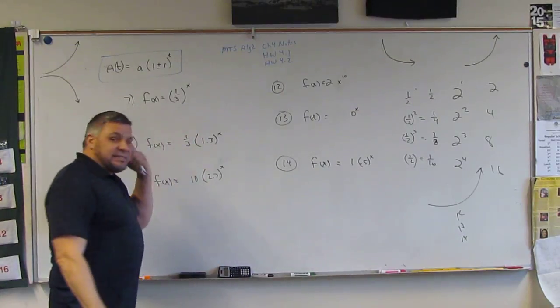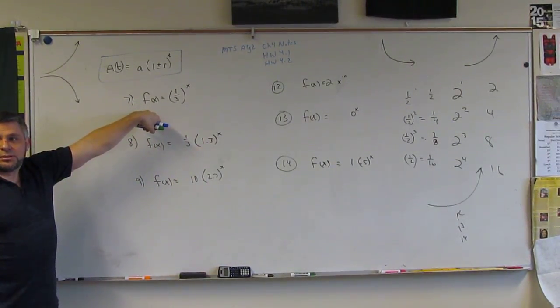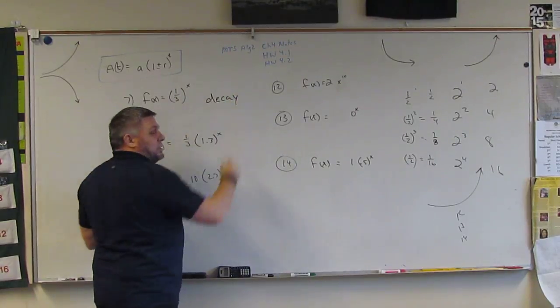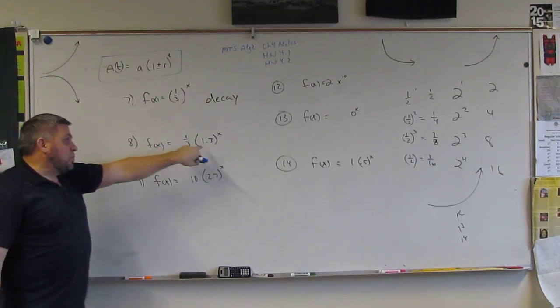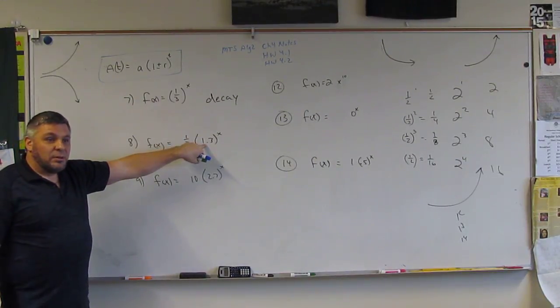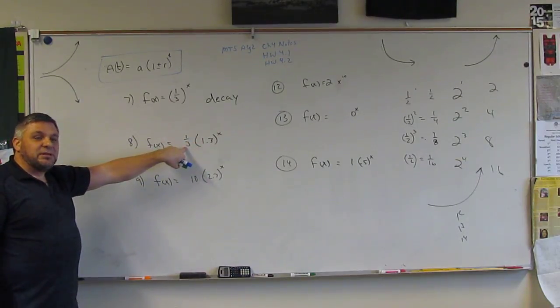Okay, so with that said, what's going to happen here with 1/3? Is it going to grow or decay? Decay. Okay? Then what is 1.3 going to do? Grow. Because it's bigger than 1, right? Does it matter what's out in front?